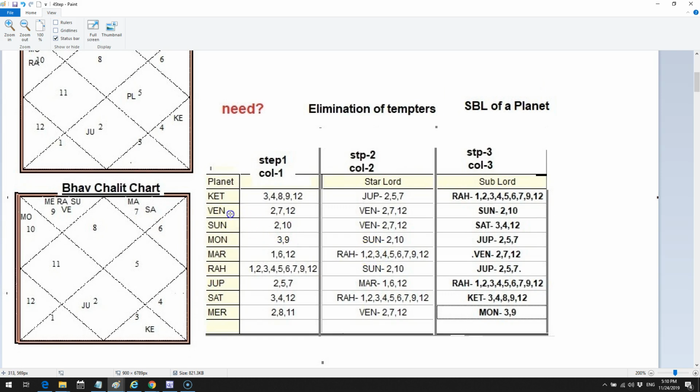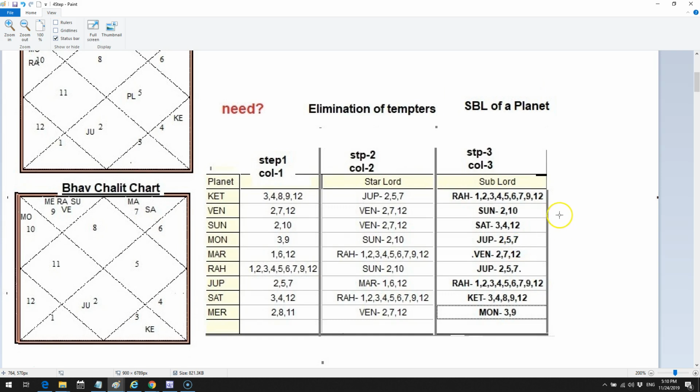Whether Venus could bring about the marriage, or Venus-Sun, Venus-Moon, Venus-Mars, Venus-Rahu, all these planets are significators of houses connected to marriage, and they are all very strong significators, either in the star lord column or in the sub lord column, and also overall.